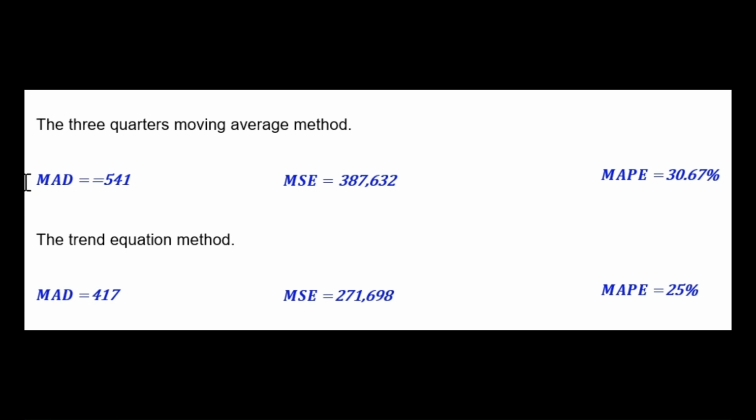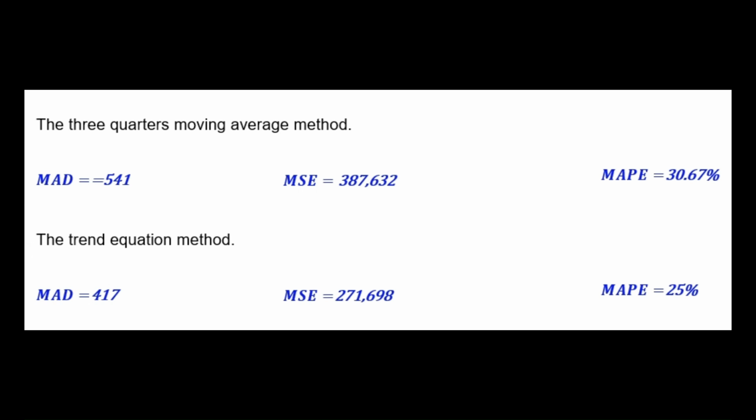Well, the summary of this calculation is that the MAD, or the mean absolute deviation, of the first method, the 3-quarter moving average, is 541. The MSE, the mean square error, equals 387,632, while the MAPE, or the mean absolute percentage error, equals 30.67%.